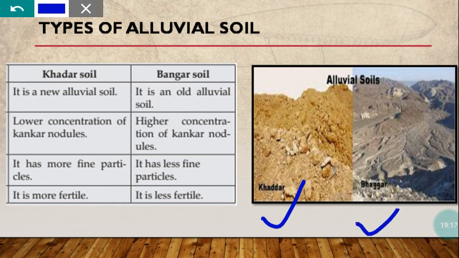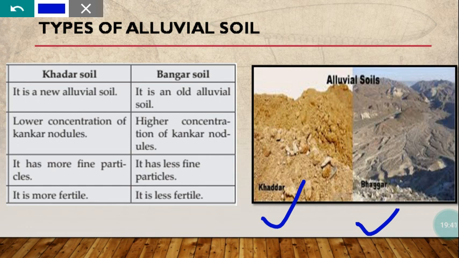The khadar is more fresh than the bhangar soil. Next, khadar has a lower concentration of kankar nodules, and bhangar has a higher concentration of kankar nodules. Means in khadar there is a smaller number of kankars and in bhangar there is a greater number of kankars.